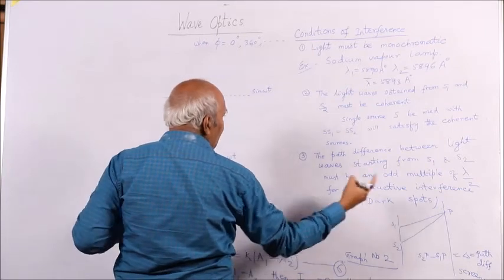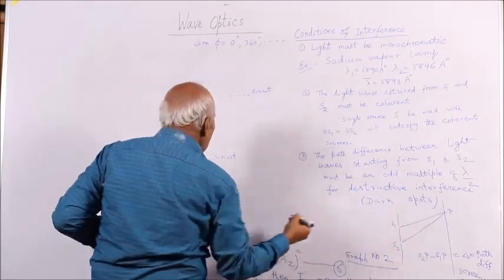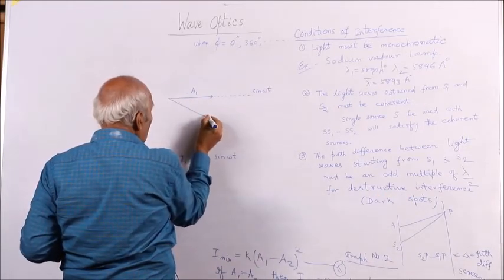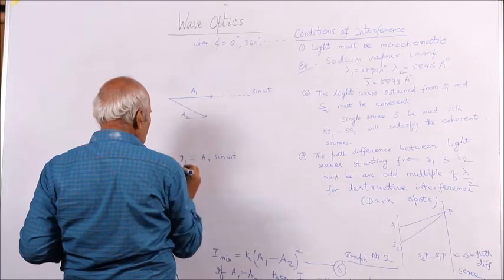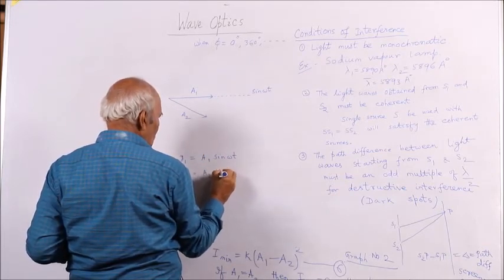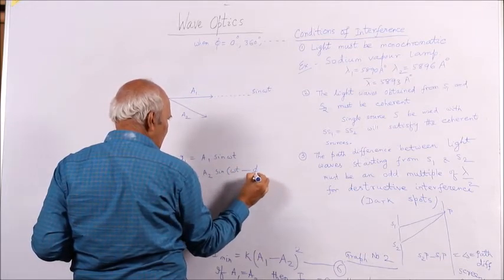The wave from S2 will travel a greater distance, so it is represented by A2 sin (omega t minus phi).